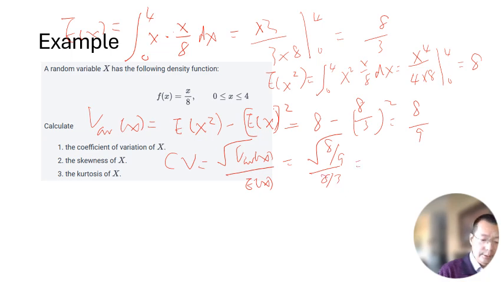Then this can be 0.3536. Okay, so we get the coefficient of variation.